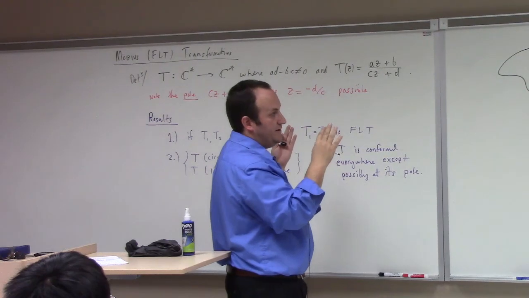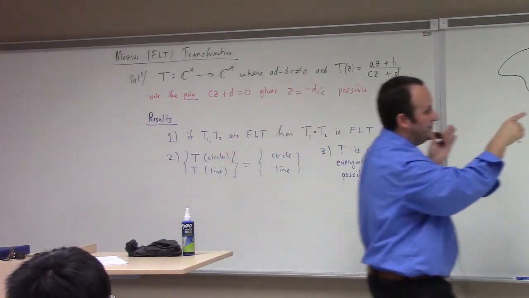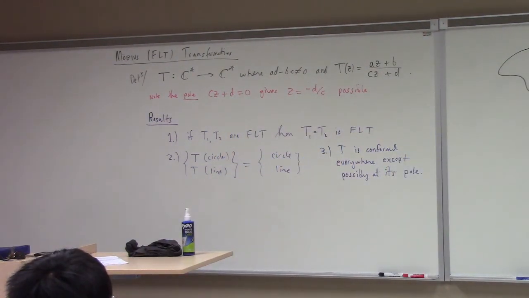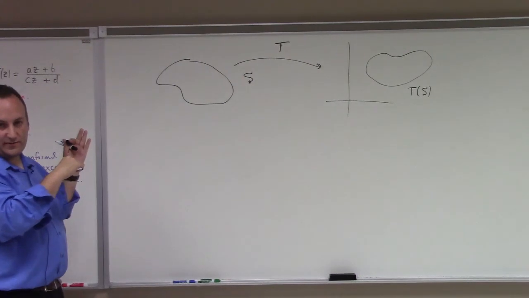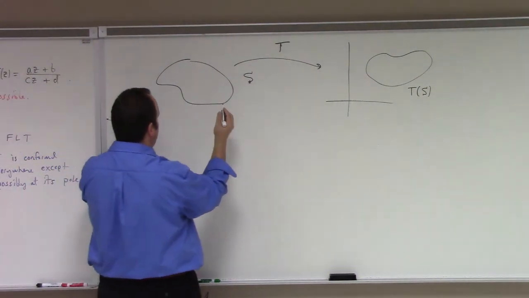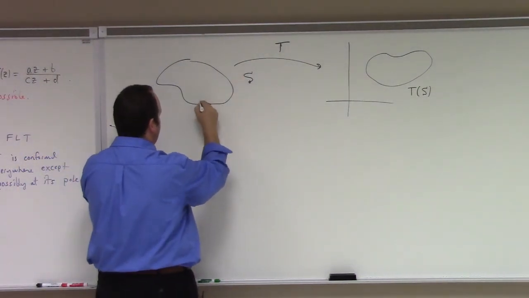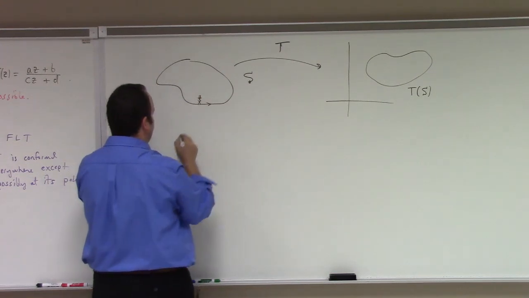So over here is T of S. If we were going to orient S in the standard way, we would want the boundary to go around it counterclockwise.